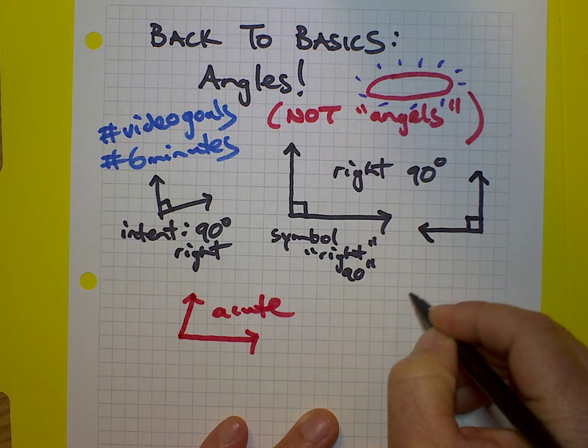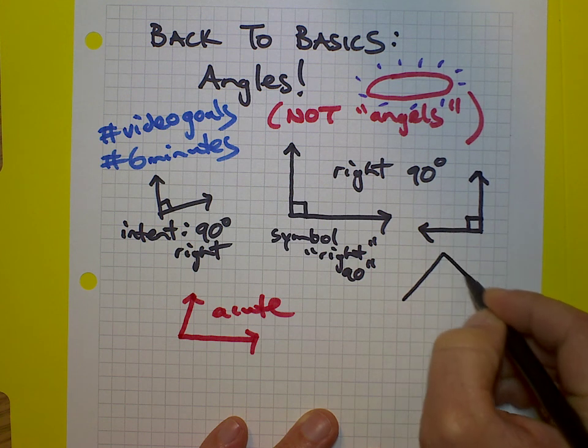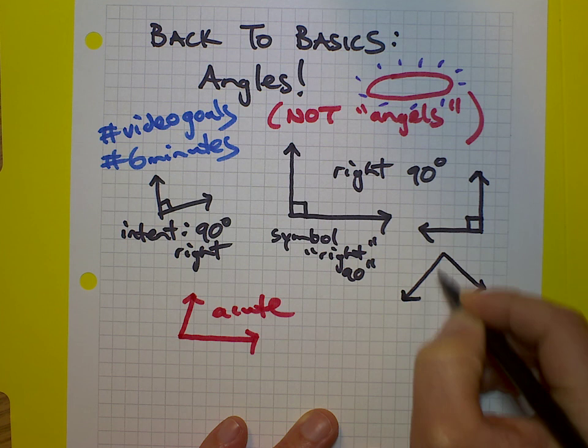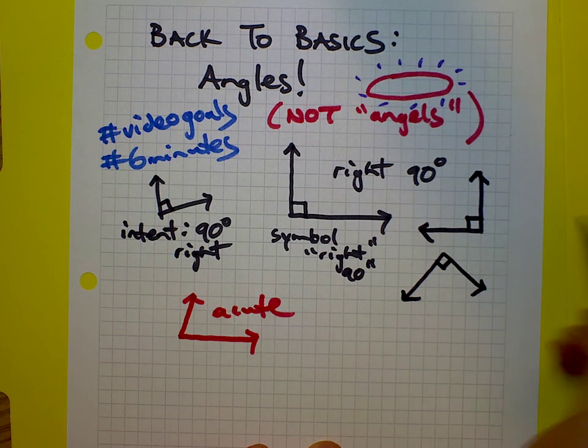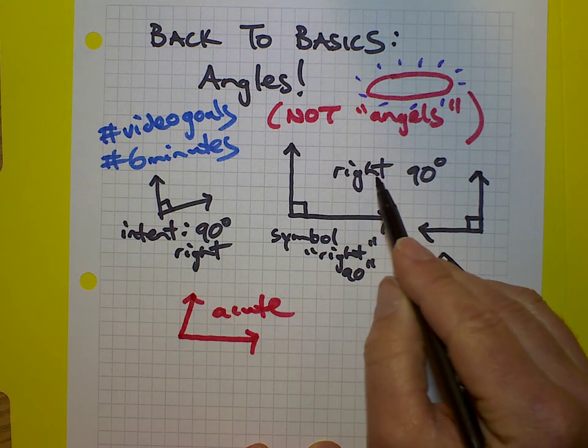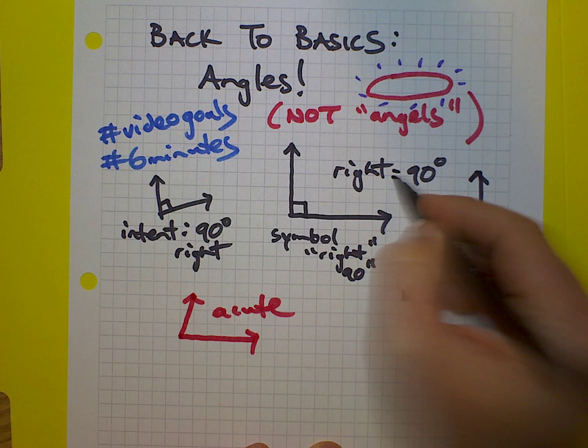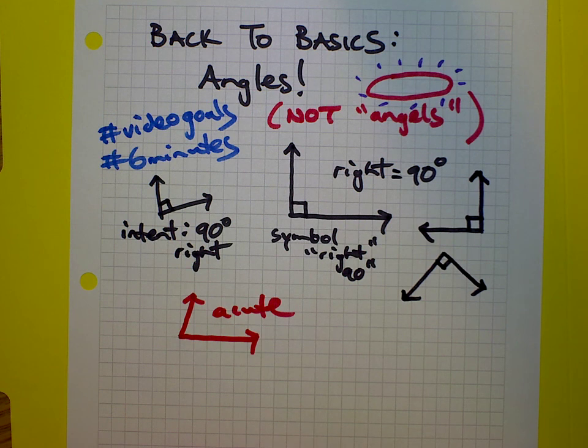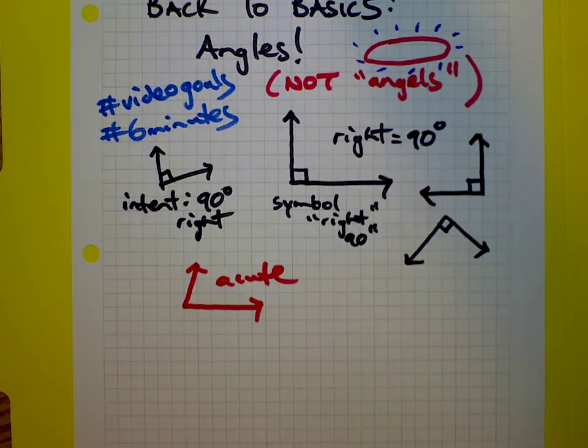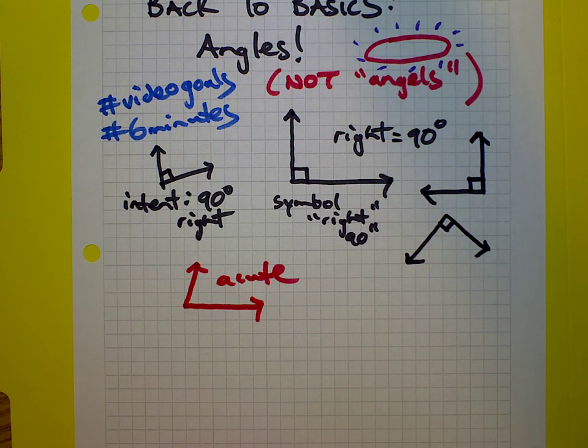It can go any way you want to. It does not have to go directionally right. Right just means 90 degrees. It's an old construction term dating back to the Greeks, of course, which just means it's straight up and down. It's right. It is correct.